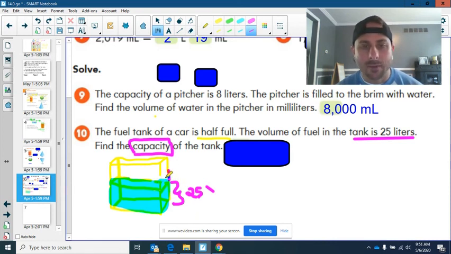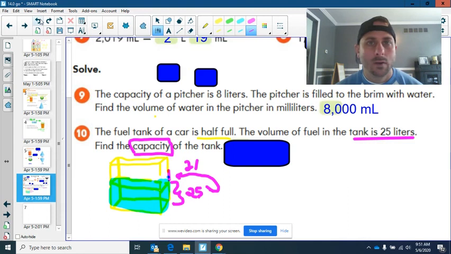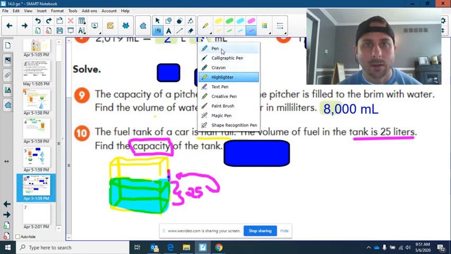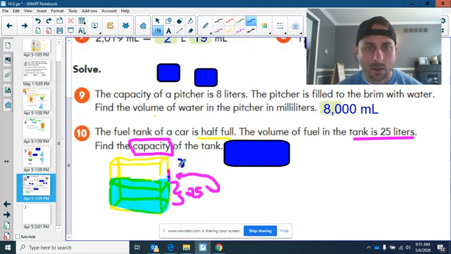Well, if 25 is half, the other half would also be 25 liters. To get your full capacity of the tank, you could do that a couple ways. You could add these two together.